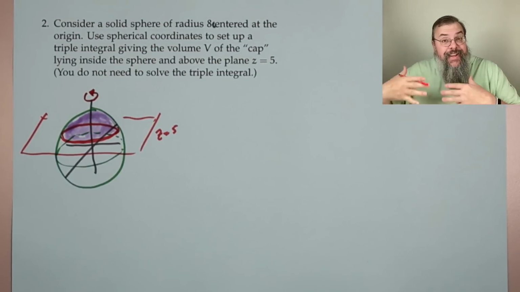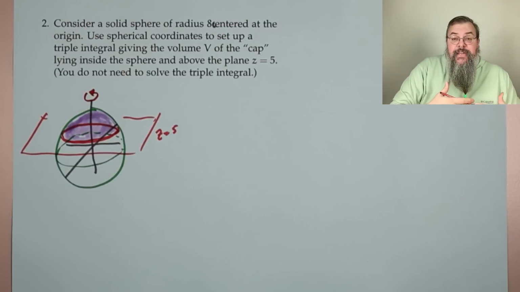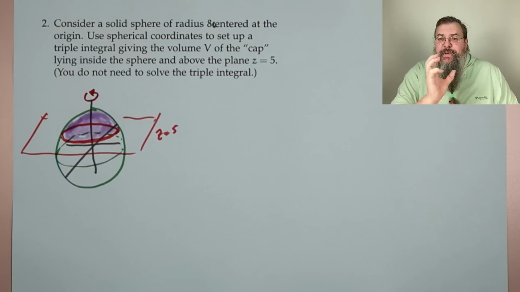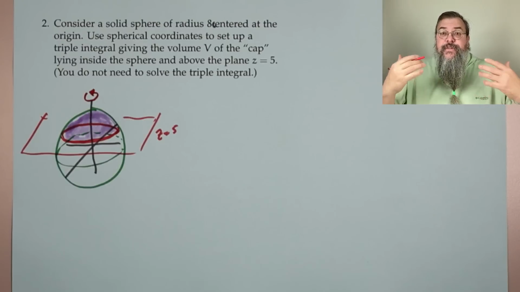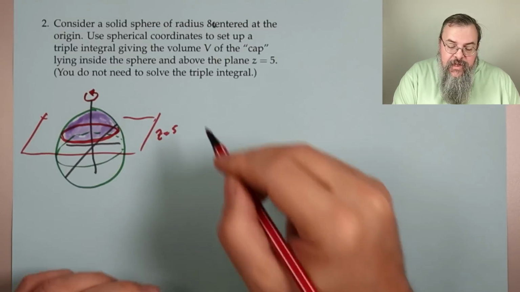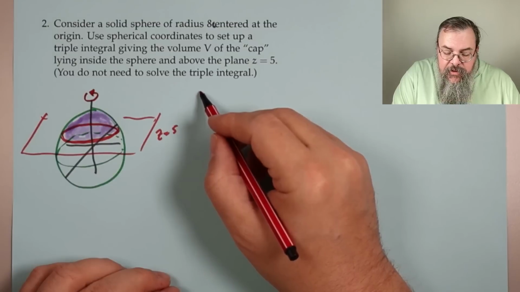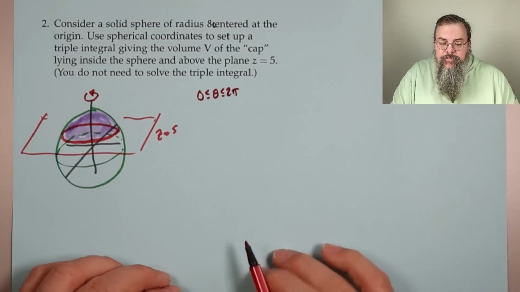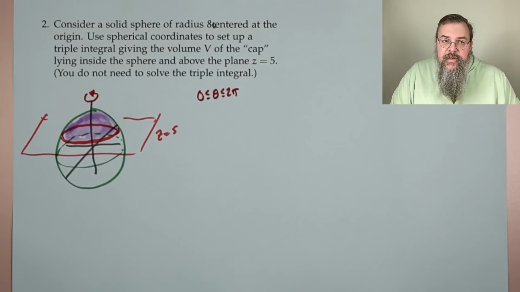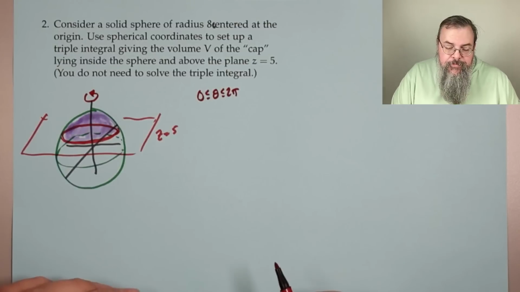What that's telling us is about theta: it's the same shape however you spin it, so theta goes the full circle. So 0 less than or equal to theta less than or equal to 2 pi. That's an easy thing for us to do.